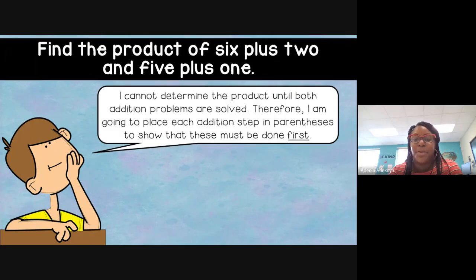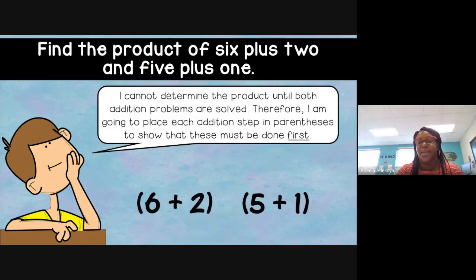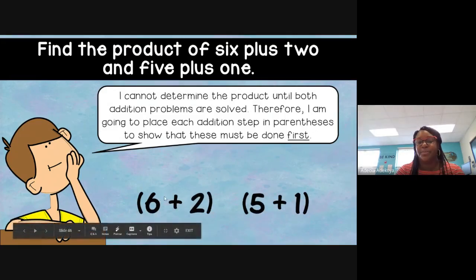Therefore, I'm going to place each of these addition steps in parentheses to show that they have to be done first. Here's what it's going to look like. The product of 6 plus 2 and then 5 plus 1.